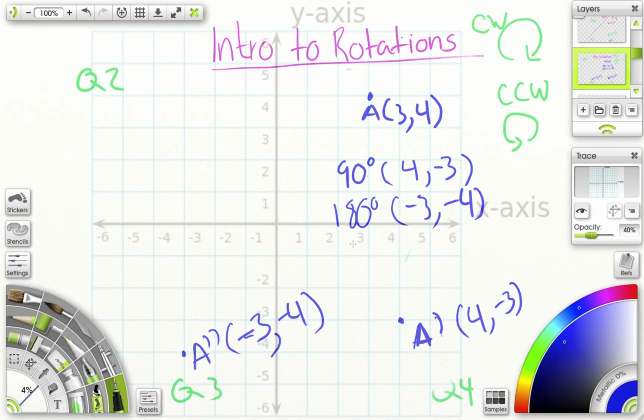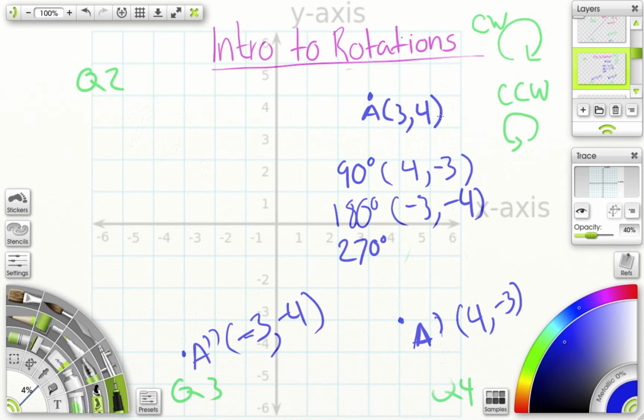Now let's do 270. So 270 degrees clockwise would end up in 1, 2, 3. It would end up somewhere over here. The rule of thumb for 270-degree rotations is similar to that of 90, except instead of your second digit becoming the opposite integer, it's your first. So first step is to switch these two around.